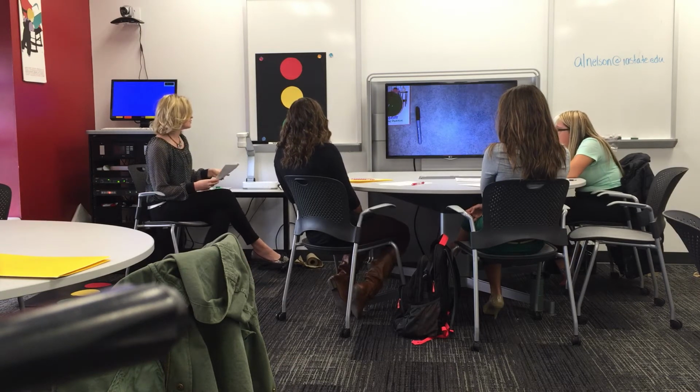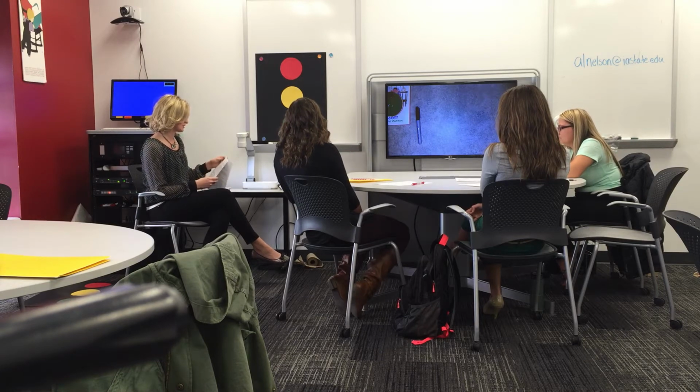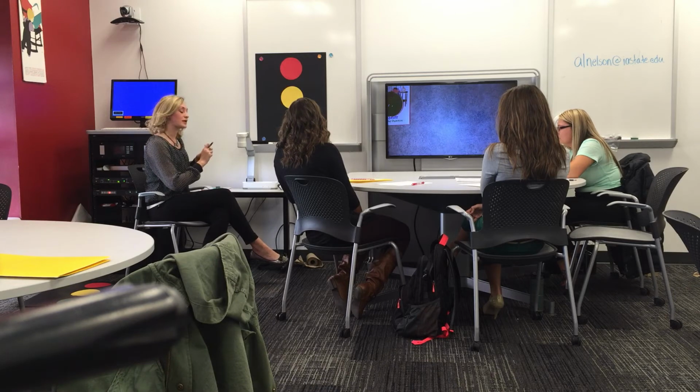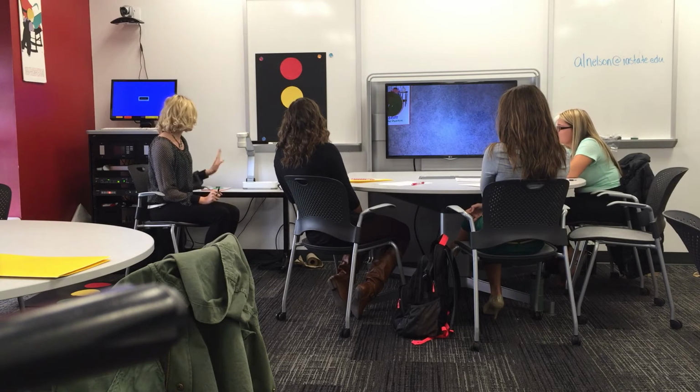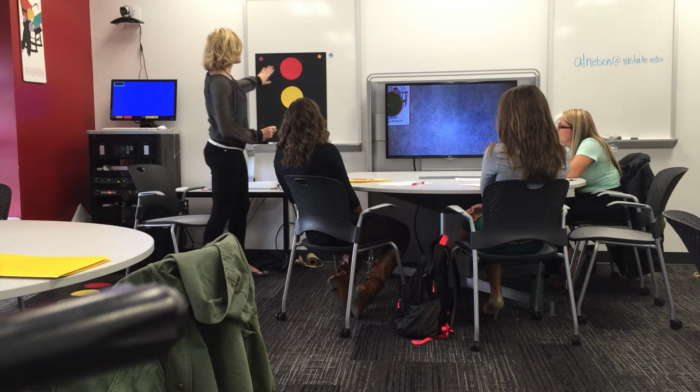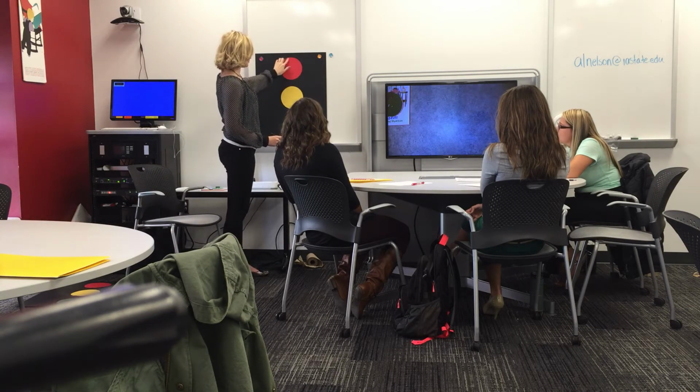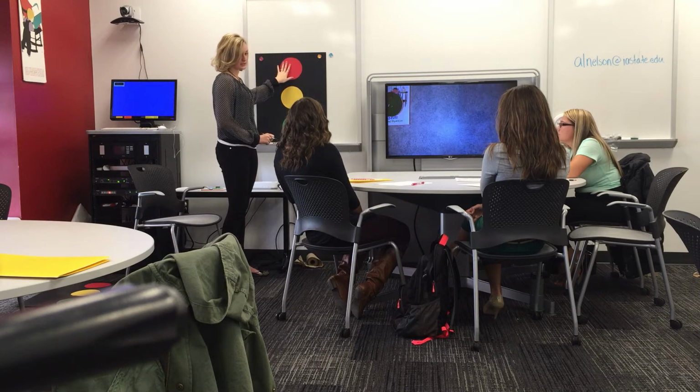Now, let's see what a finished character spotlight looks like. I am going to put in some character traits about myself so we can clearly see what a finished character spotlight is going to be like when we are describing characters in our books. First, I'm going to start with the red circle. The red circle, if you remember, is about traits.